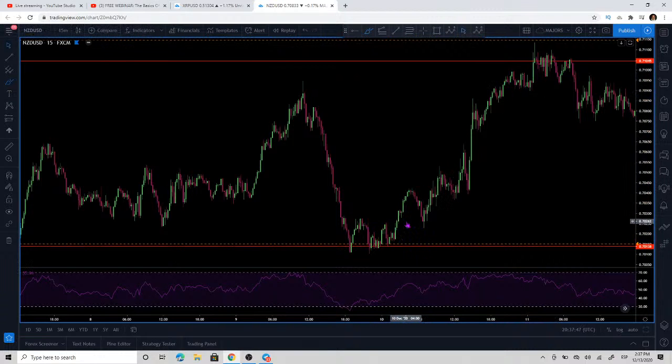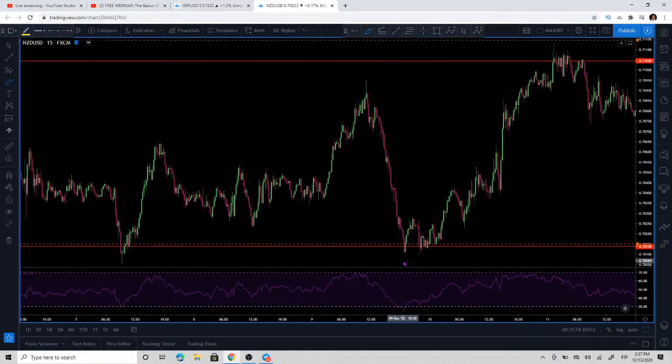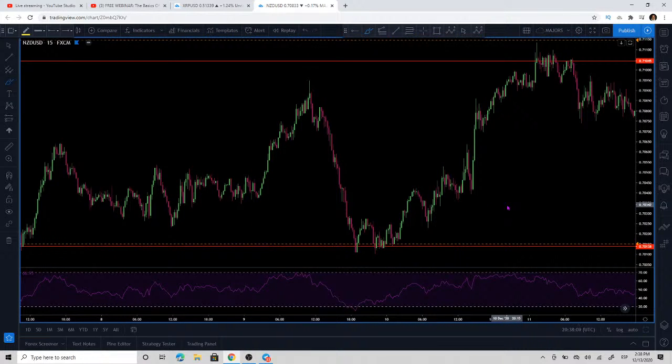So yes, divergences can be found on the higher time frames and on the lower time frames, and they will work. But my way to use divergences really is within a trading system.